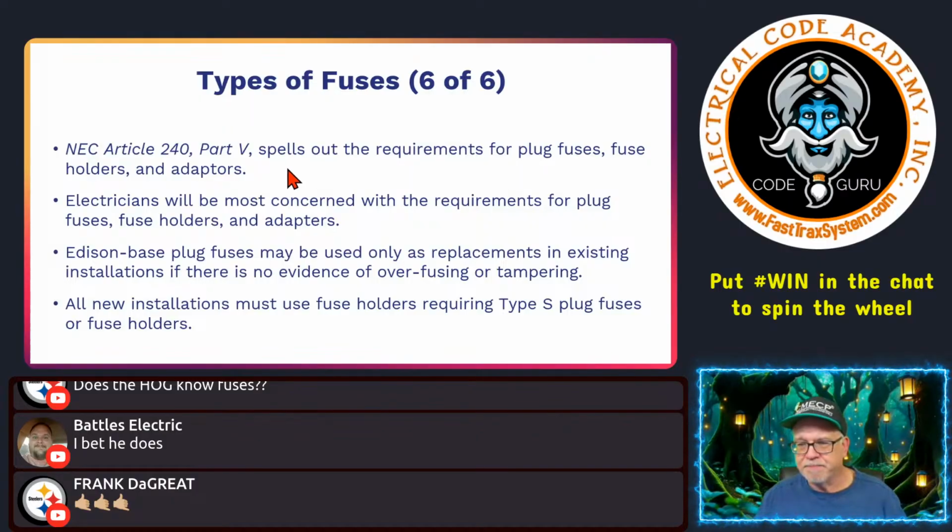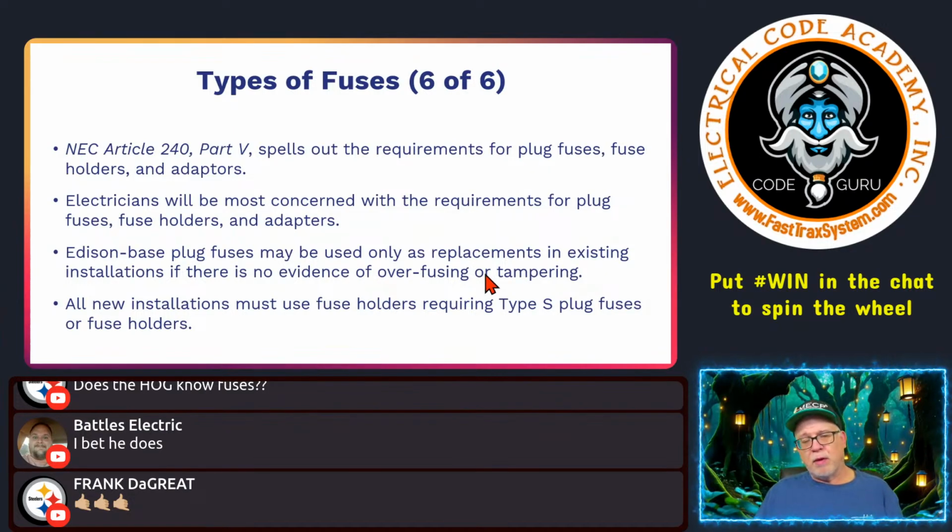Part 5, right? It says electricians will be most concerned with the requirements for plug fuses, fuse holders and adapters. Edison-based plug fuses may be used only, okay, listen, Edison-based plug fuses may be used only as replacements to existing installations if there is no evidence of overfusing or tampering.